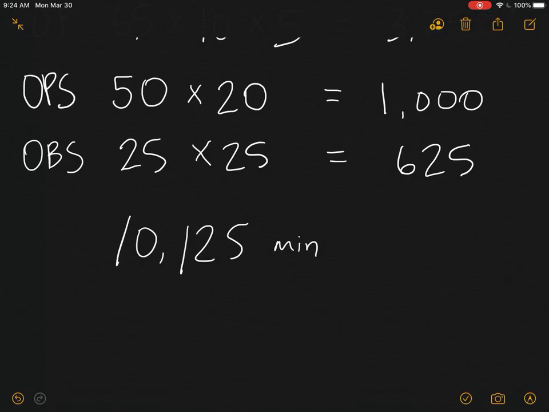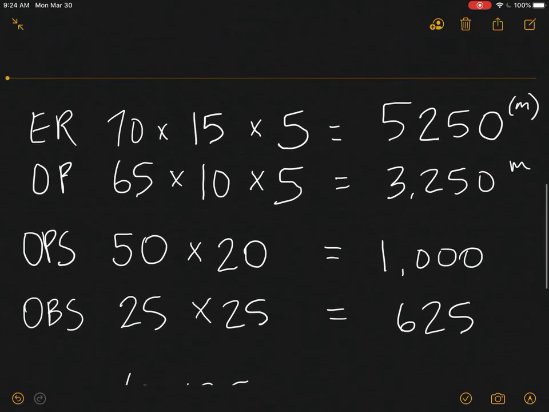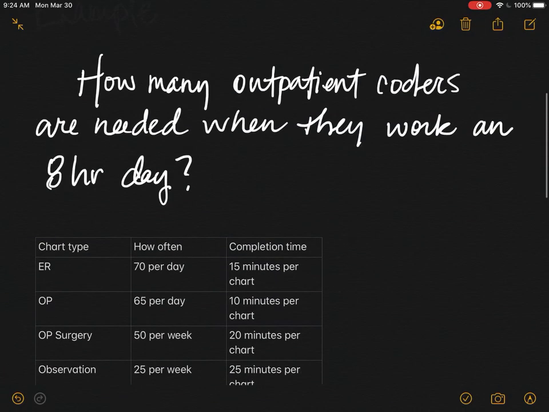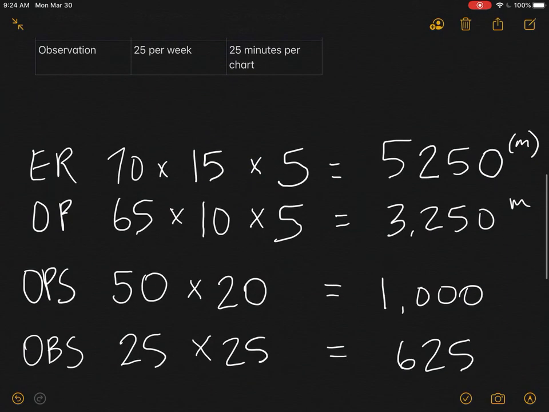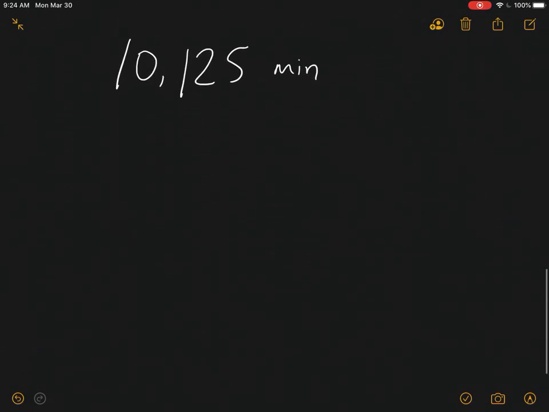this outpatient volume, okay? But now we got to figure out, well, how many minutes does one coder work in 1 work day? So our example showed that our coder day is going to be 8 hours, okay? So how many minutes are in 8 hours?